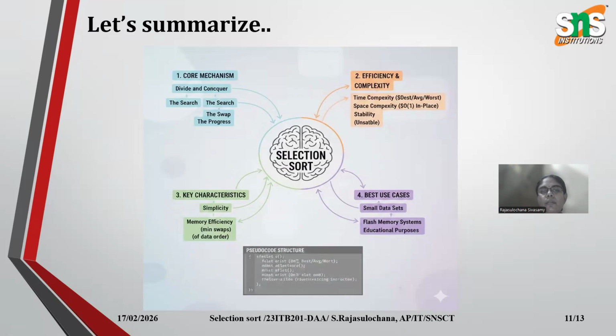The core mechanism behind the selection sort algorithm is the brute force approach, and its average, best and worst case time complexity is order of n squared. It is best suited for smaller data sets, and its key characteristics are that it is simple and it is an in-place sorting algorithm. A minimum number of swaps are required, so it enhances memory efficiency when the data set is smaller.